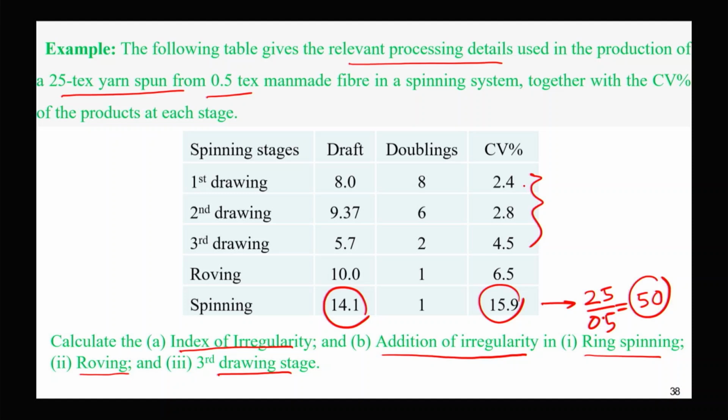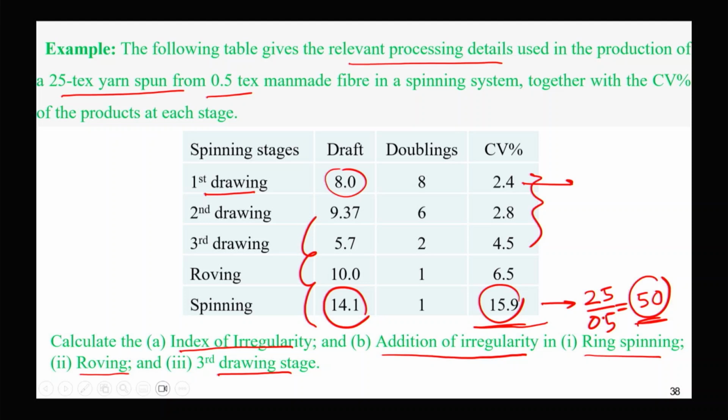So if we know the number of fibers at the first draw frame stage, then we should start with the first draw. Here we know the number of fibers in the ring spinning system. So that's why we'll start from the ring spinning and then go gradually back.